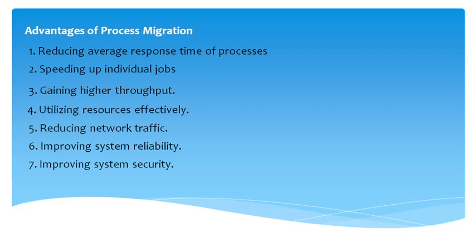So with the help of process migration, we can use the resources in an effective manner. Why? Because it need not execute only on the originating node. It can migrate to any node and execute.